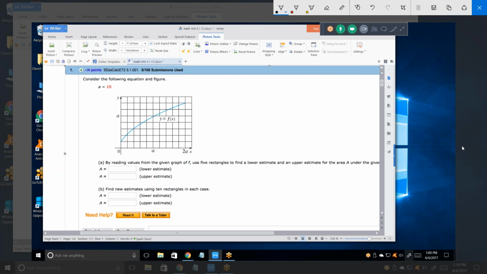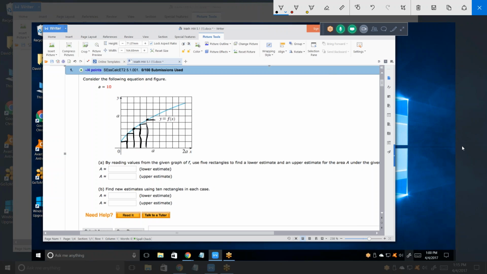So we answered A. Now they say do the same exact thing for B, only use 10 rectangles. Well, 10 rectangles means each one of them is only going to be 2 units wide. Watch carefully how I'm drawing these. I always start the upper left-hand corner on the curve and draw the rectangle exactly across.